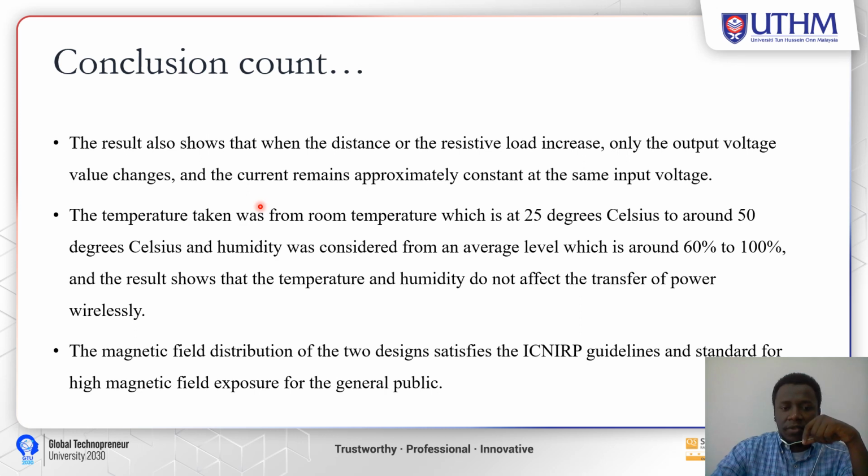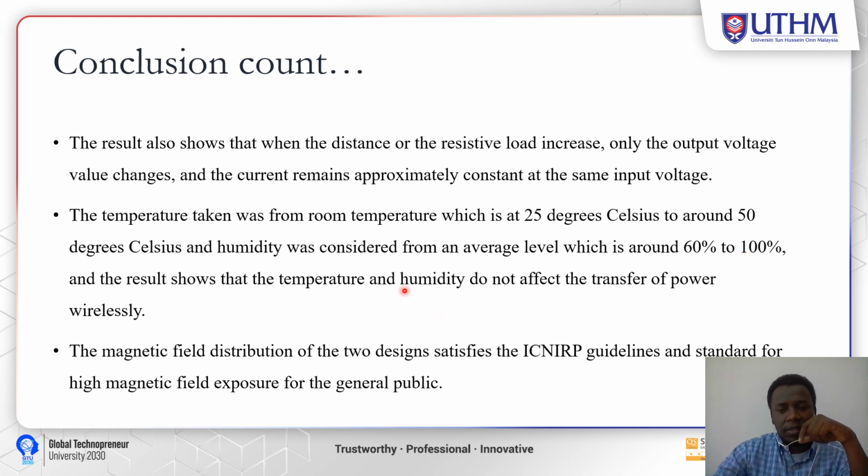The result also shows that when the resistive load increases, only the output voltage value changes and the current remains approximately constant, because as we increase the resistance, only the voltage value changes. The temperature taken was from room temperature, around 25 degrees Celsius, to around 60 degrees Celsius, and humidity from around 50-60% to 99%.